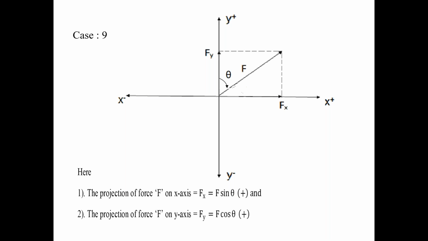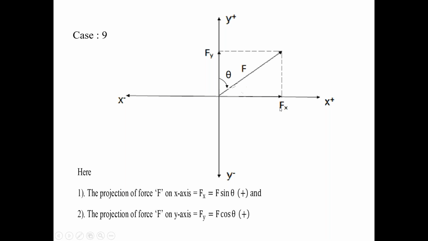The force F is in the first quadrant and the direction of force F is forward direction. But in the 9th condition, the force F makes the angle theta with the y-axis, not with the x-axis, please. In this condition, the force F makes the angle theta with the y-axis.